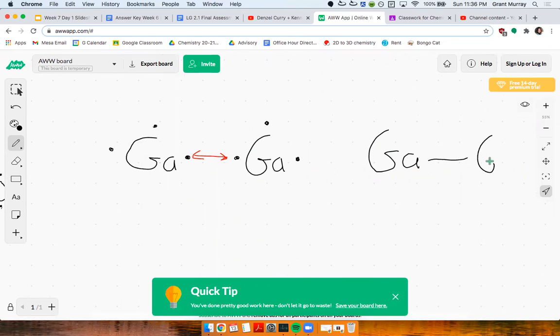So I'm going to bond it to Ga. And now I can't get rid of my electrons. Are these happy now? Well, let's count. 1, 2, 3, 4. This gallium's got 4. 1, 2, 3, 4. This gallium's also got 4.